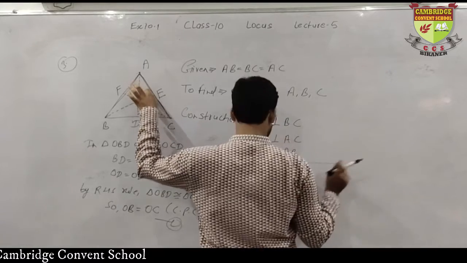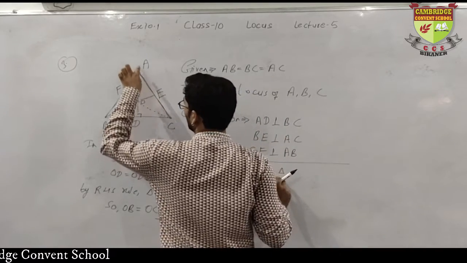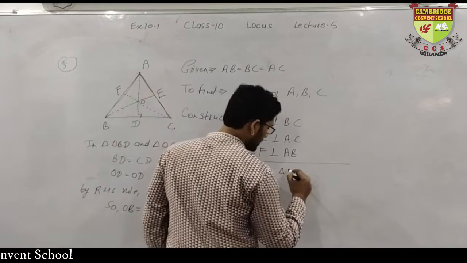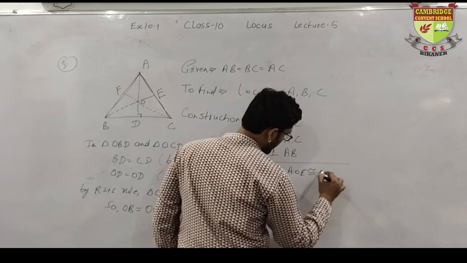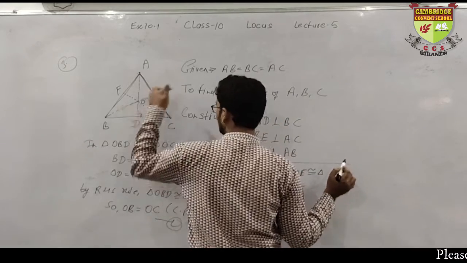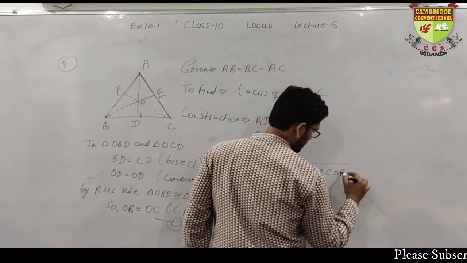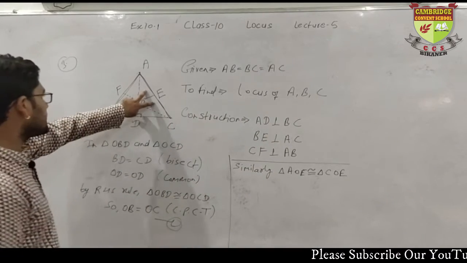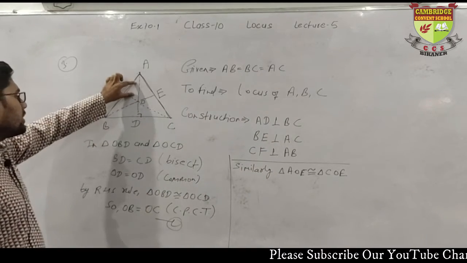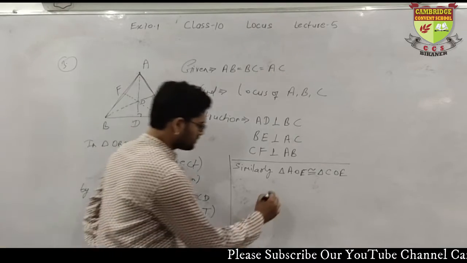So we will write similarly triangle AOE is congruent to triangle COE. Yes, these triangles are congruent. So if these triangles are congruent, then OA will be equal to OC.